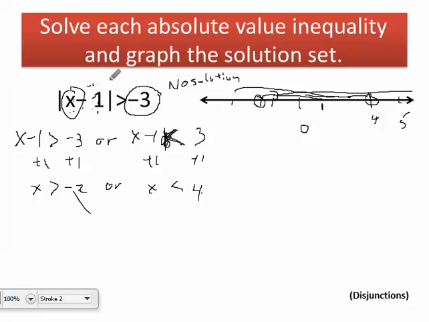Absolute value of negative 1 is 1, and 1's greater than negative 3. Everything is there. So there's no solution to this one, because we're trying to compare it to a negative number. And absolute values compared to a negative number, whether it's a conjunction or a disjunction, just don't work. You can't get a single solution to them.